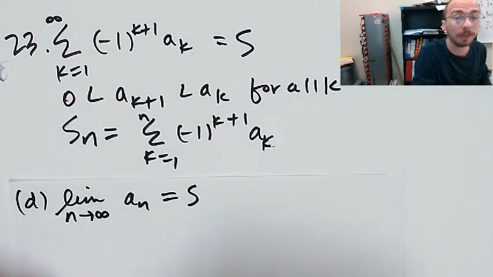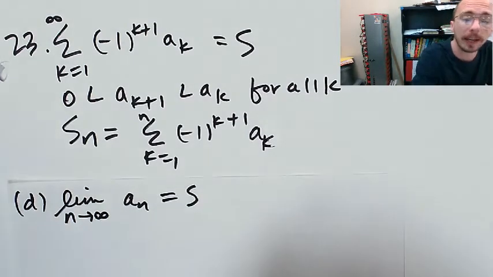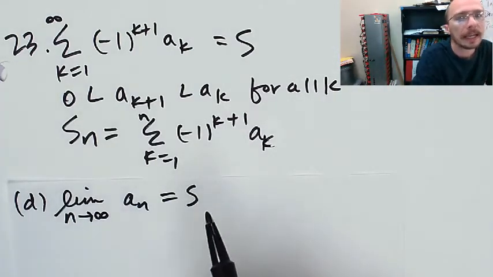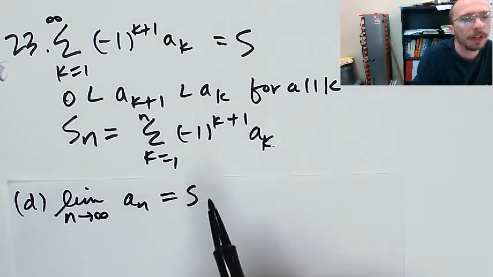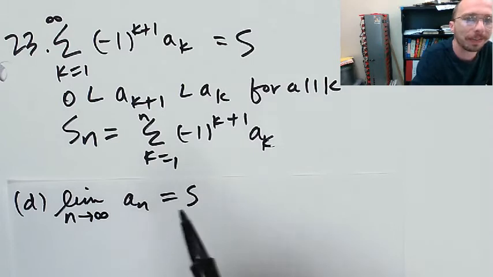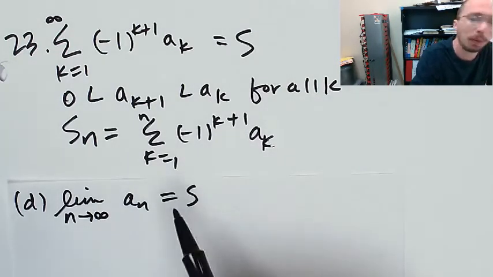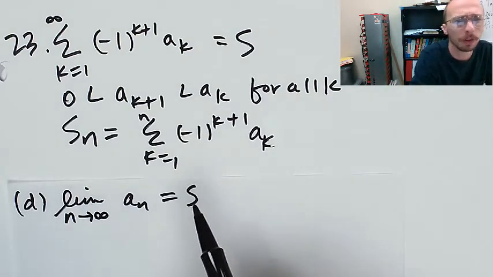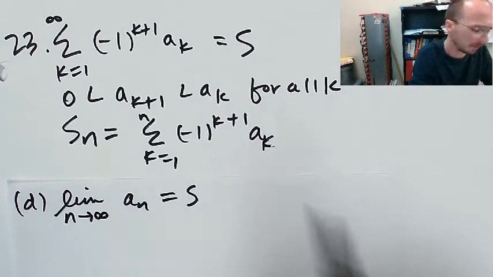Okay. D is that the limit of An is equal to S. I would say this is never true, but I did have somebody bring the problem to me from the online quiz where this was asking sometimes, always, or never, saying, well, what if the terms went to 0 because it was converging and the total series converged to 0? That would be a case where the limit of An happened to be equal to S, but that's a coincidence if S is 0.